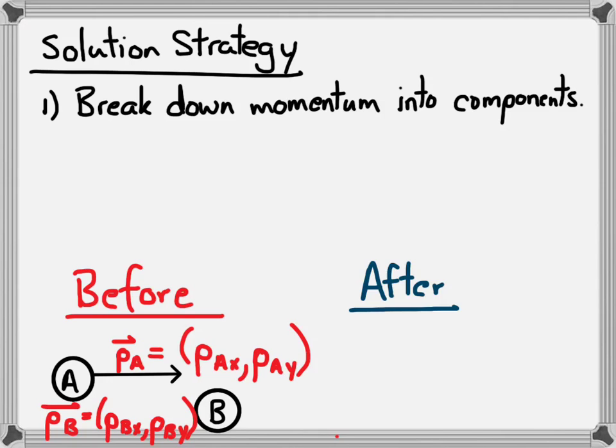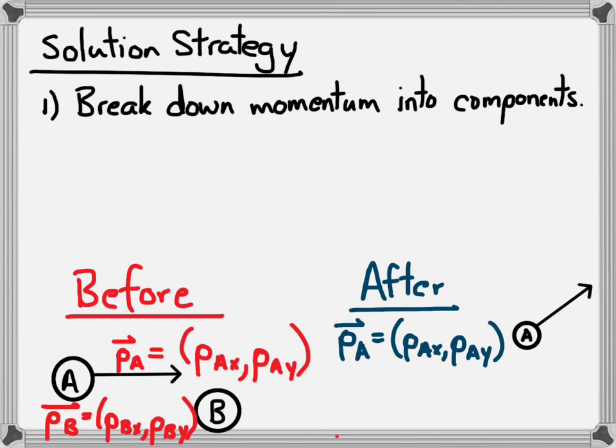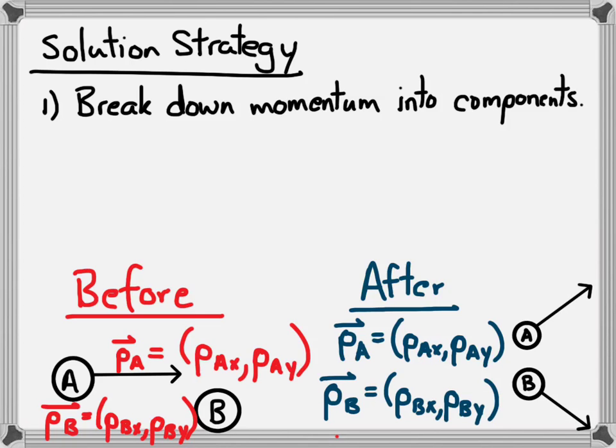Now, the before scenario is pretty trivial because we only have momentum in the x direction, but the math gets trickier. Well, not trickier, just more tedious when we get into the after scenario. So this has momentum in both x and y, so we would have to find the x component of that momentum and the y component of that momentum, and then we would have to find the same for puck B after the collision.